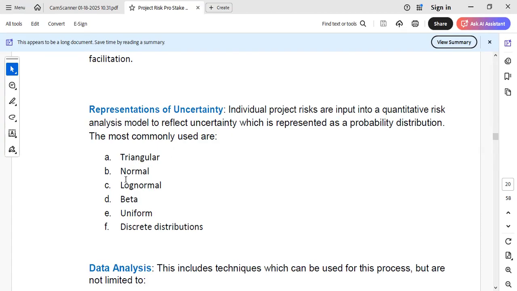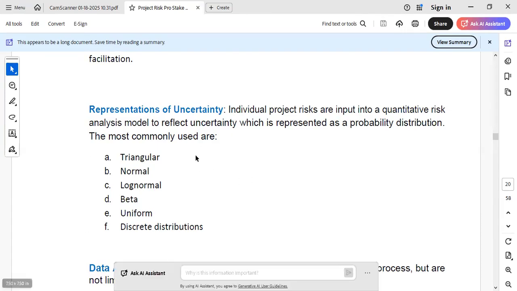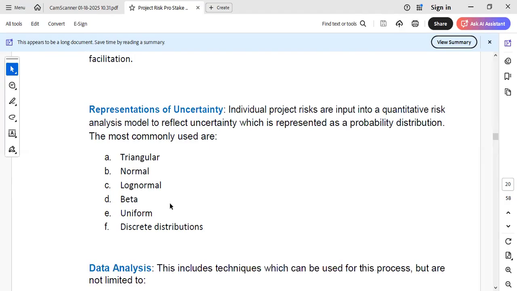These are not a real understanding without showing you those software tools, and you may or may not even be the project risk personnel, but it's good to know that these are what you would be seeing: the triangular, the normal, the lognormal, the beta. We talked about the beta when we were discussing the Project Evaluation and Review Technique, where we took the optimistic, the pessimistic, and the most likely multiplied by 4, and divided everything by 6. That is a better representation.